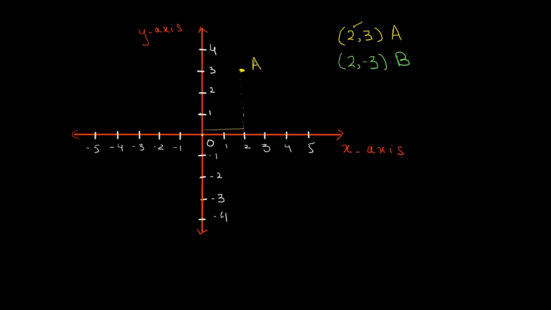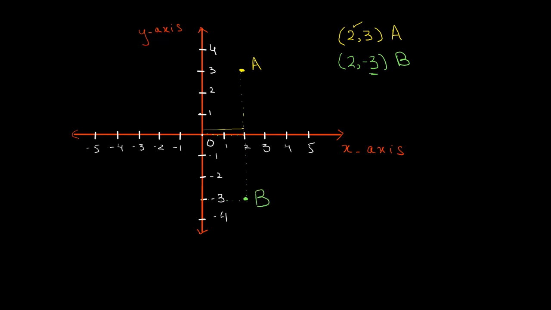But the distance from the x-axis is going to be -3, so I have to go down. I'm going to go 2 units to the right of the y-axis, and then 3 units below the x-axis. This point is going to be B.